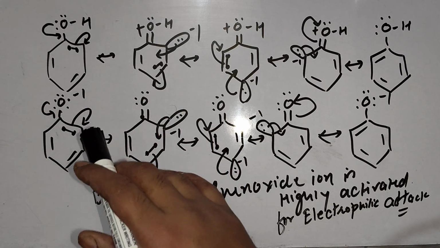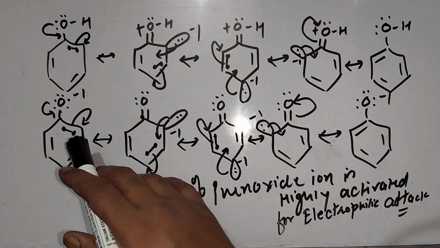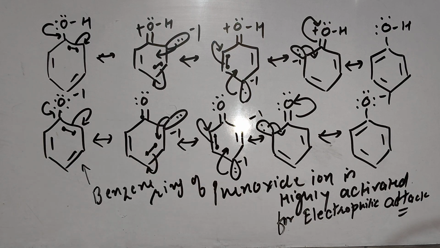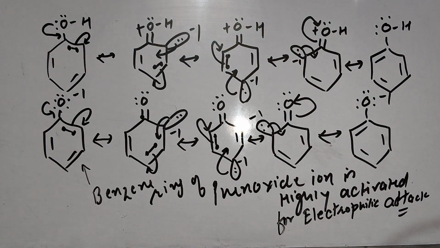That's why the phenoxide benzene ring will be preferred by electrophiles to attack. It is written there, the benzene ring of phenoxide ion is highly activated for electrophilic attack. This is the main point in this concept.